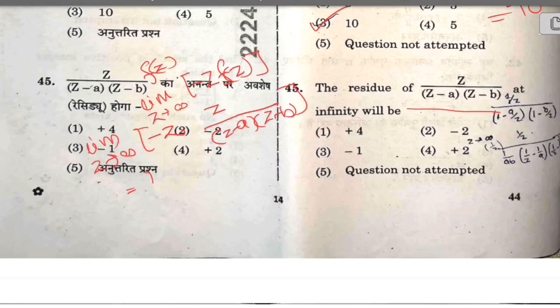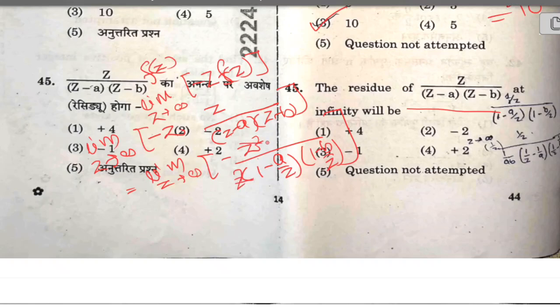Okay, so limit z tends to infinity of minus z square. You can take z common from both these. So it will be (1 minus a by z)(1 minus b by z), z square cancels out. So if you put the value of z here, it will be minus 1. Okay. So your correct option is option 3, that is minus 1.